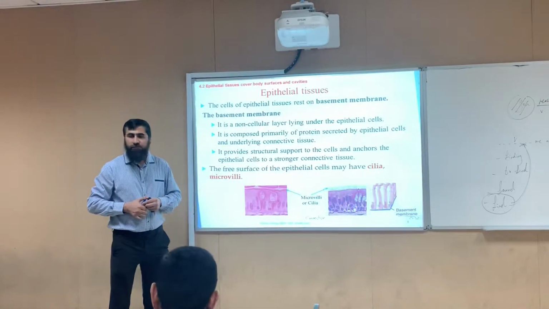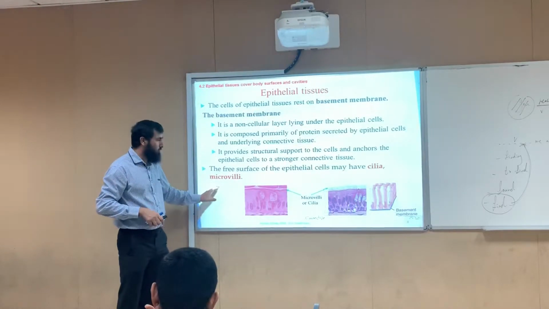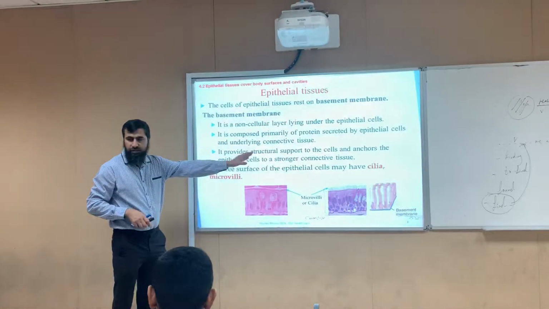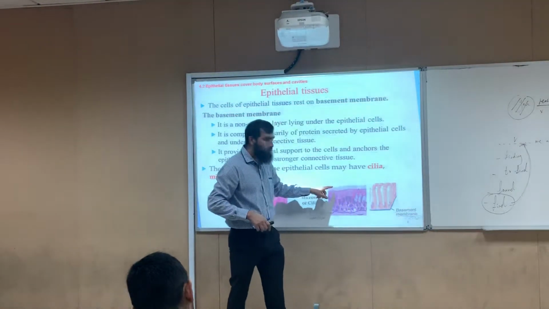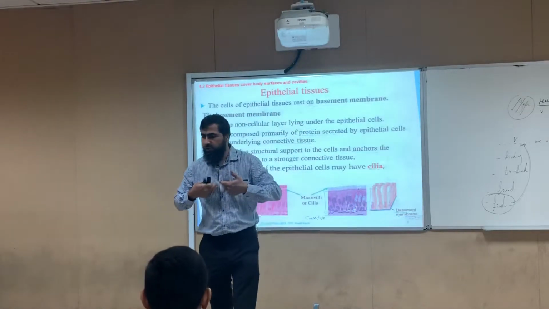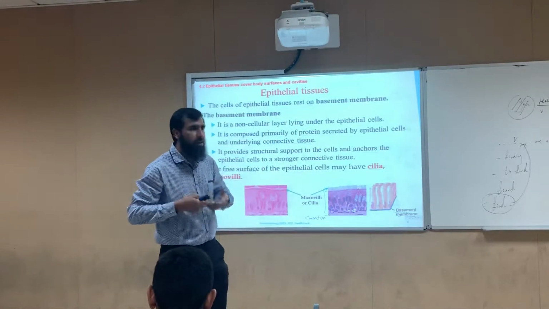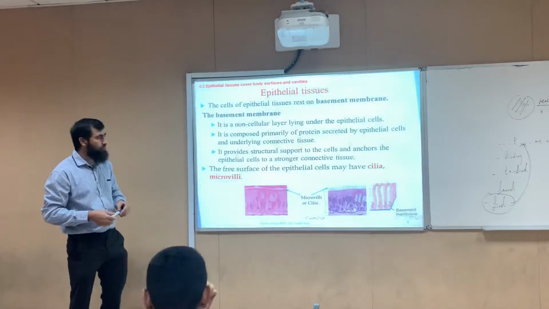Yes, increased surface area, more surface for absorption. Cilia are not there to increase surface area. They are there to remove dust and particles, for example in the trachea. So they have a movement, while microvilli increase surface area.